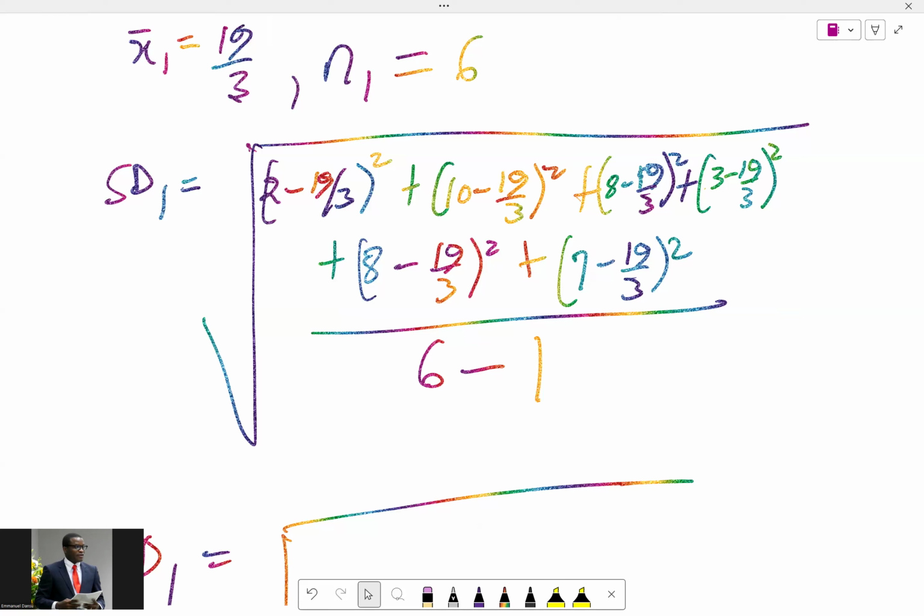Okay, so let's run over that again. 2 minus 19 over 3 squared plus 10 minus 19 over 3 squared plus 8 minus 19 over 3 squared plus 3 minus 19 over 3 squared plus 8 minus 19 over 3 squared plus 7. Okay, 7 is the last one.